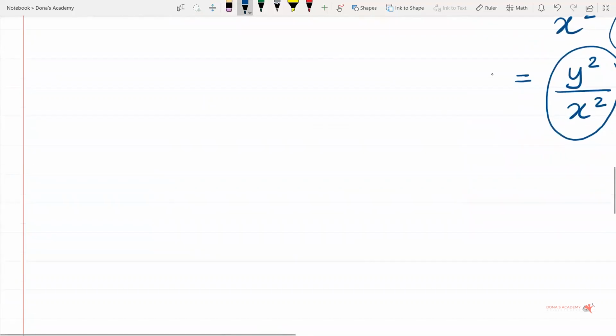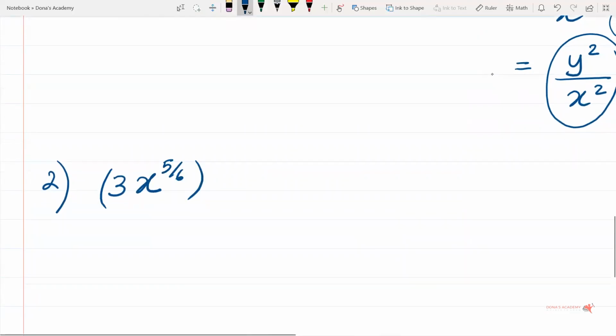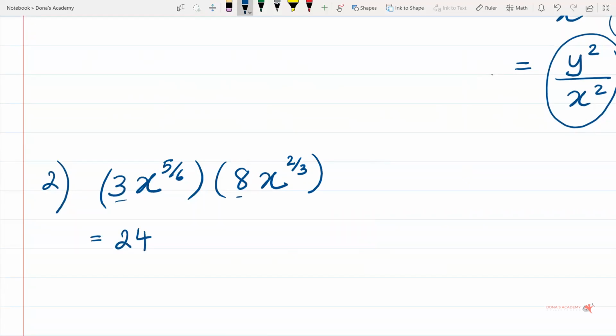All right, so my next example: 3 times x to the power 5 over 6, and 8 times x to the power 2 over 3. Now we can see 3 and 8, so we can multiply these two together to get 24, and then x to the power 5 over 6 times x to the power 2 over 3.